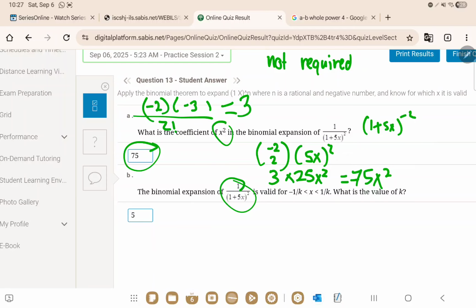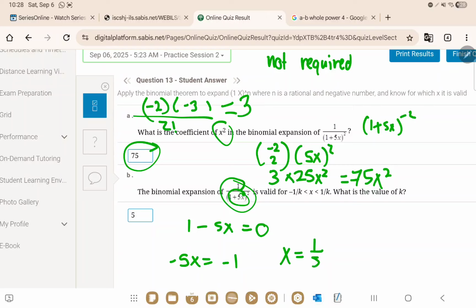So to write the range where it's valid, you just need to see what makes the bottom 0. 1 minus 5x equals 0. Wait, what? It's 1 minus 5x equals 0. So it's going to be 5x equals negative 5x equals negative 1, x equals 1 over 5.